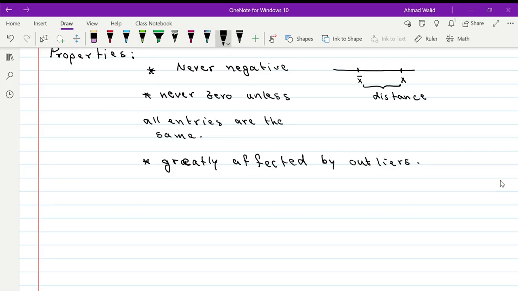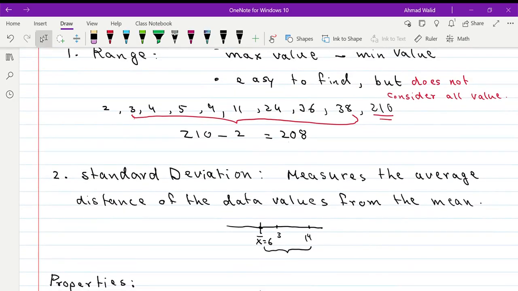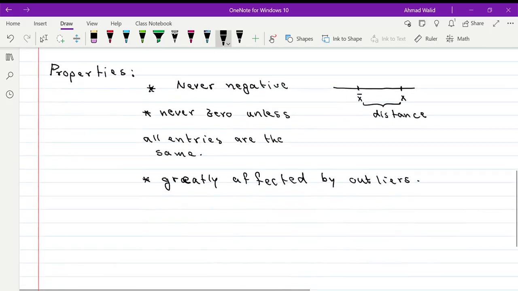In the example that I did here, like this data set 2, 3, 4, 5, 6, 9, if you find the mean here, 210 is an outlier for us. This data is too far from 38 or from 2, right? The mean will be somewhere here, maybe around 24 or something, around the 20s. The mean is there, but 210 is too far from that, correct? And we call such a data point an outlier.